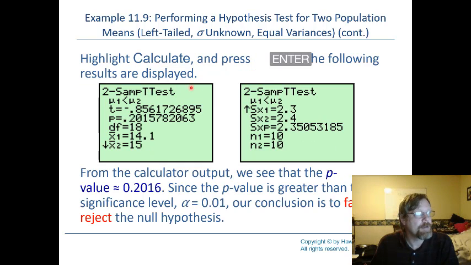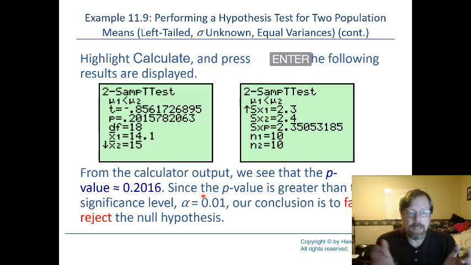Highlight calculate, hit enter, and we get our p-value. So again, we could take the t-value it spits out here and find the critical t-value, or we can just look at the p-value here and say that yes, that's greater than our significance level, so we fail to reject the null hypothesis.